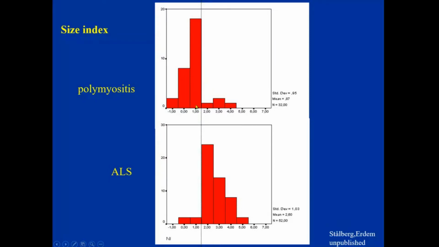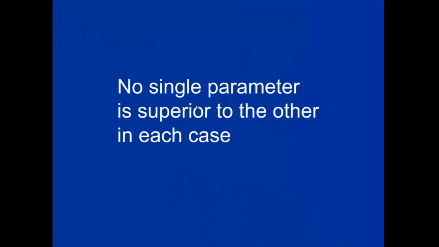The conclusion is that there is no single parameter that is superior to the other in each case, but a combination of 2 or 3 parameters together can give a typical profile for myopathy and neuropathy.